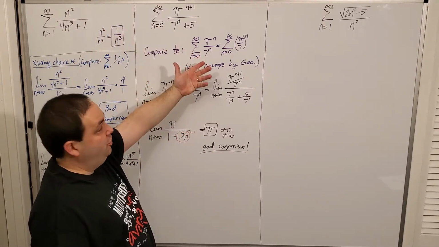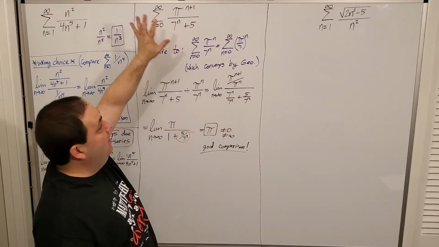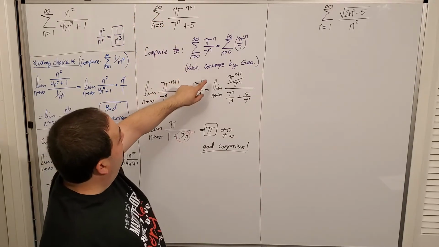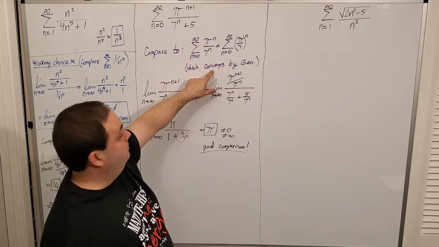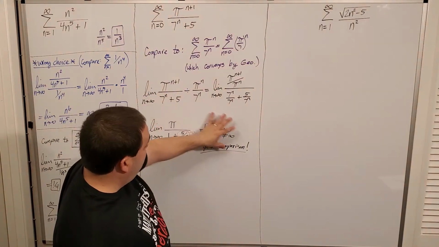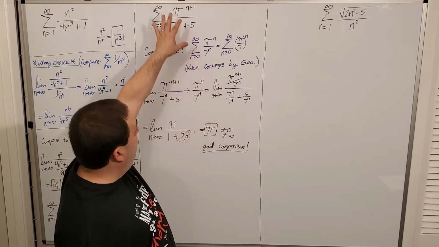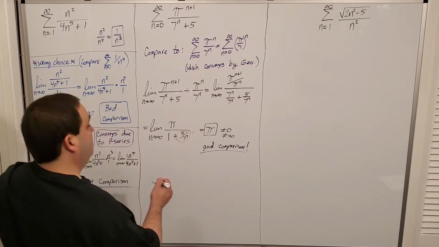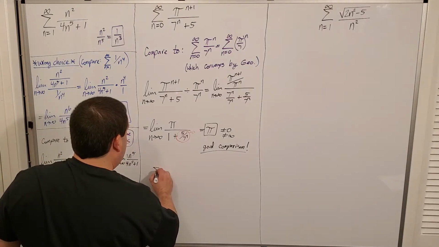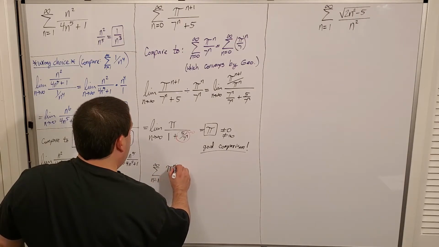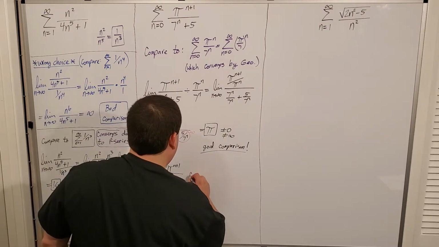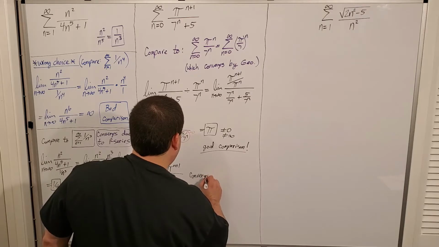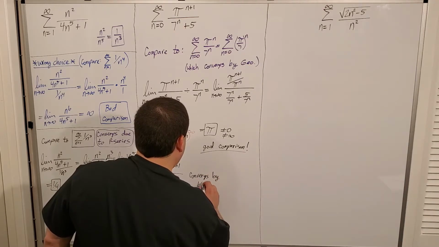Whatever I compared it to tells me the same fate as my series. Okay? The thing I compared it to was a geometric series that converged. Therefore, my series, since this was a good comparison, my series also converges. Okay? So therefore, the sum n equals 1 to infinity of pi to the n plus 1 over 7 to the n plus 5 converges by limit comparison.